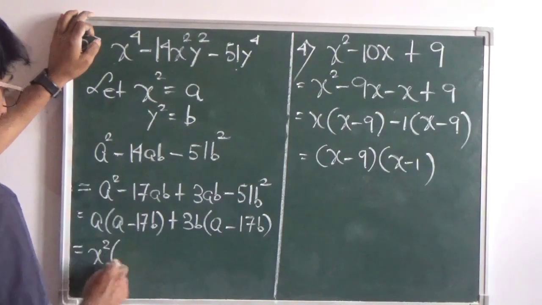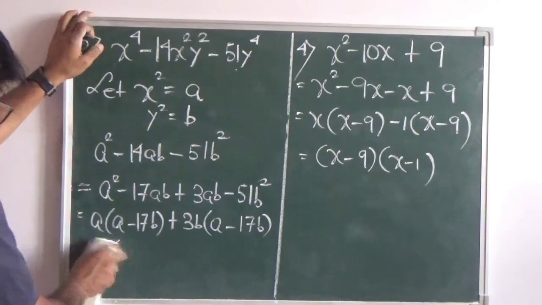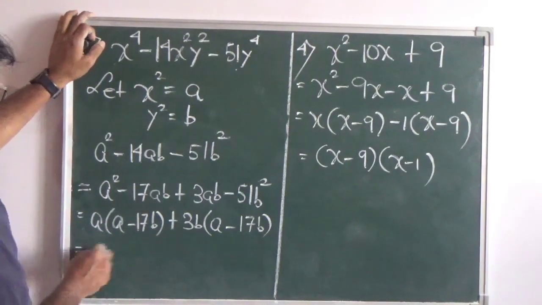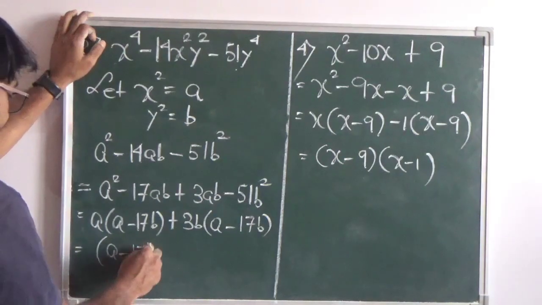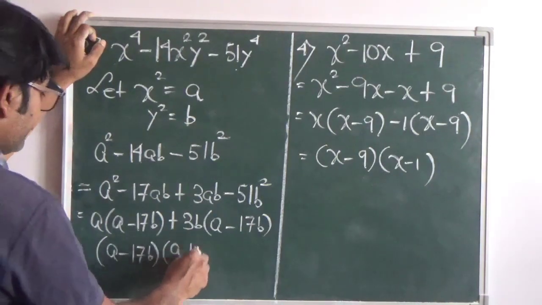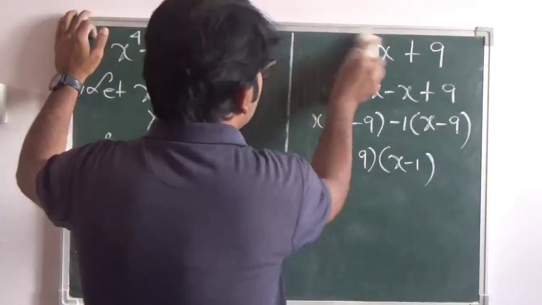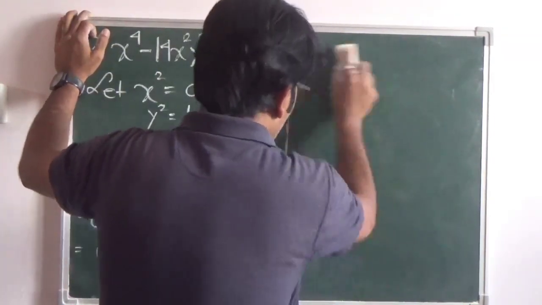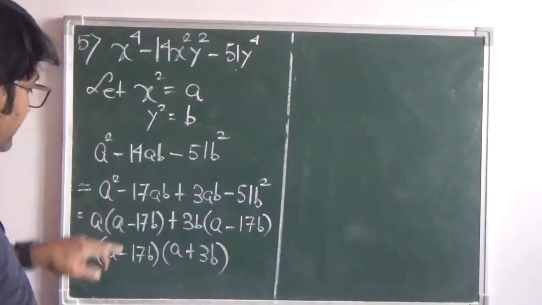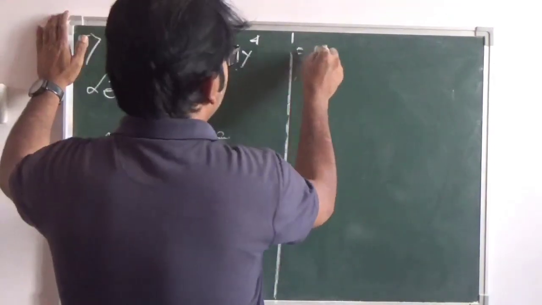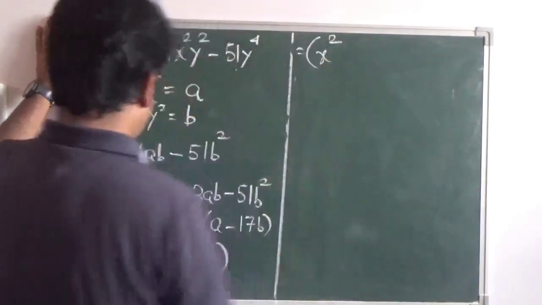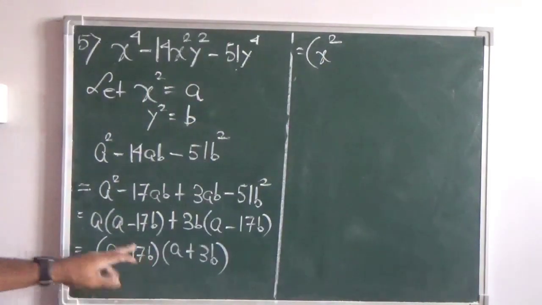X square. Okay. A minus 17b common. That is a plus 3b, and finally we will replace the original values. So it becomes, in place of a we write x square minus 17y square.